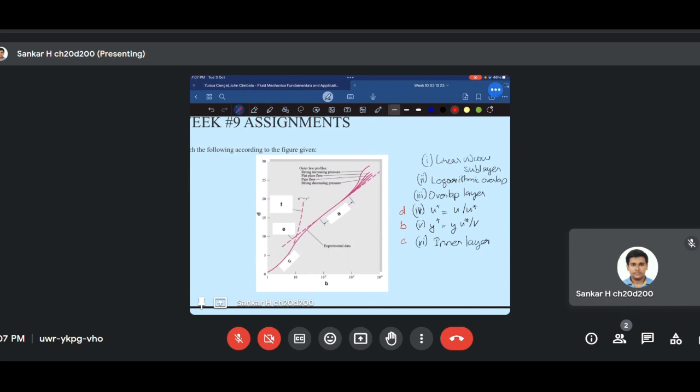And option F would be the linear viscous sublayer, which corresponds to U plus equal to Y plus, and at the location E, it would be a logarithmic overlap that's happening over here, and from here to here we have the overlap layer. So E goes to logarithmic overlap and A goes to overlap layer.